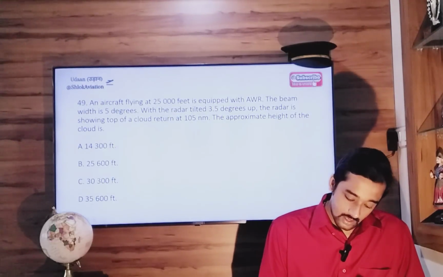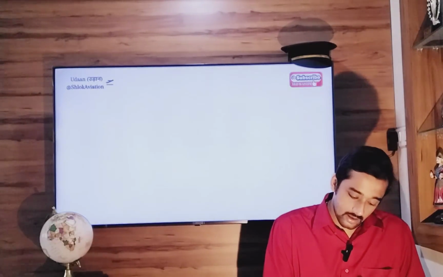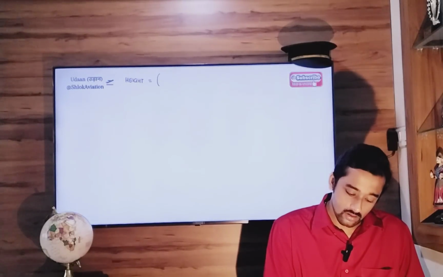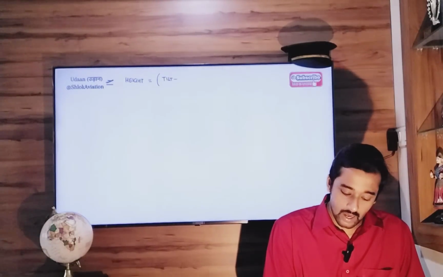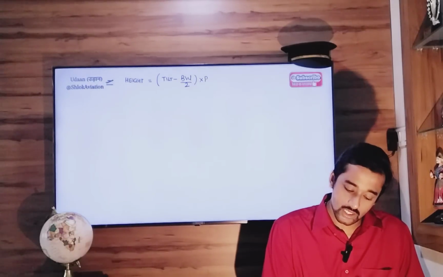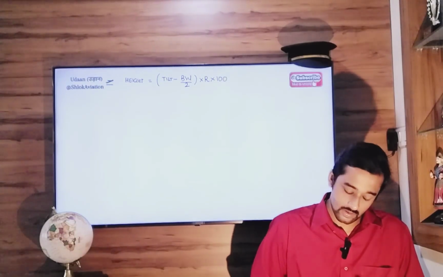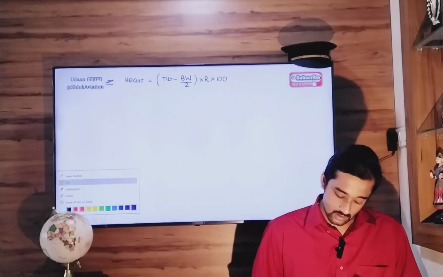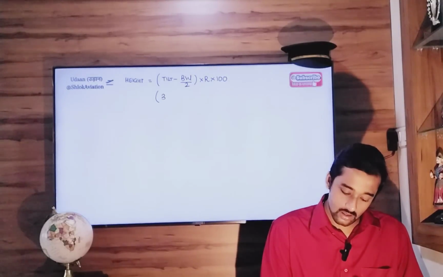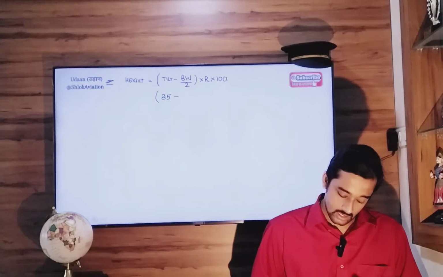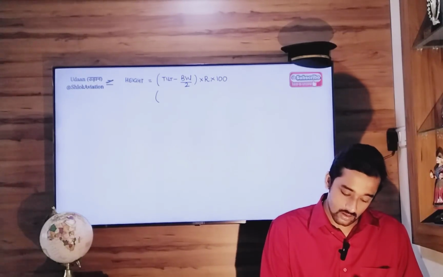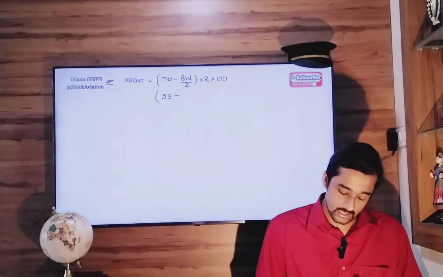So again, the height of the cloud will be equal to tilt minus beam width divided by 2, into range into 100. Tilt is 3.5 degrees up.